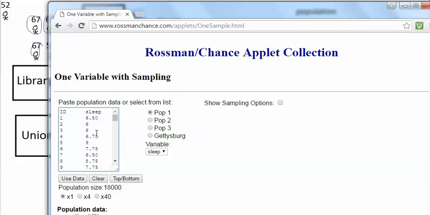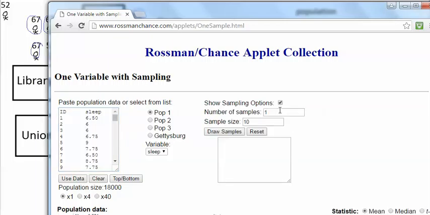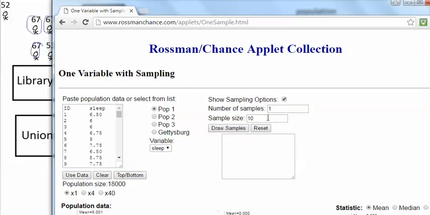And we're going to calculate the mean of all of the answers that were recorded from our sample to estimate the mean of the entire population. And if I click here, it says show sampling options, and it'll actually let me take a sample of this population.